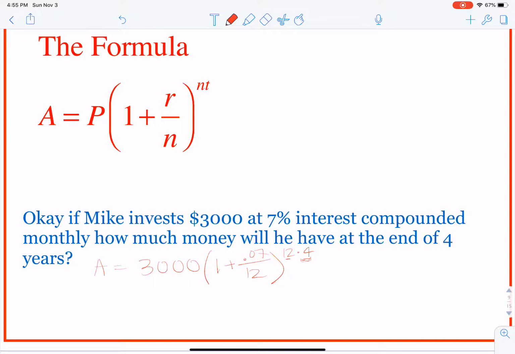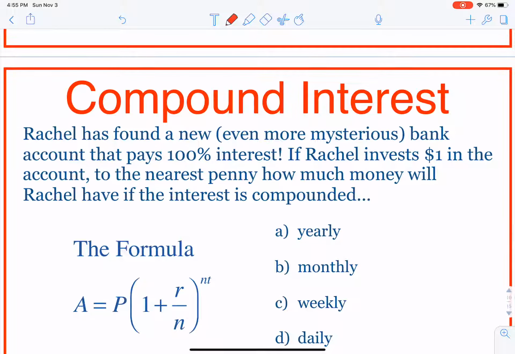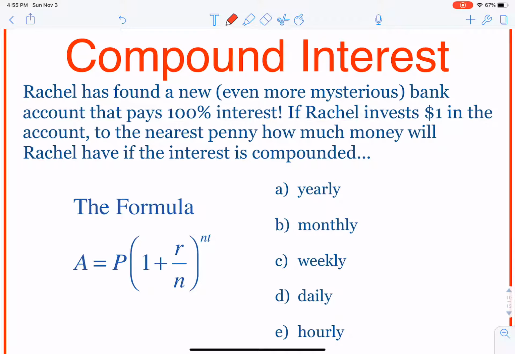So we can go ahead and evaluate this and figure out how much Mike will have at the end of 4 years. But let's keep going here. Let's say that Rachel has found a new and mysterious bank account that pays 100% interest.